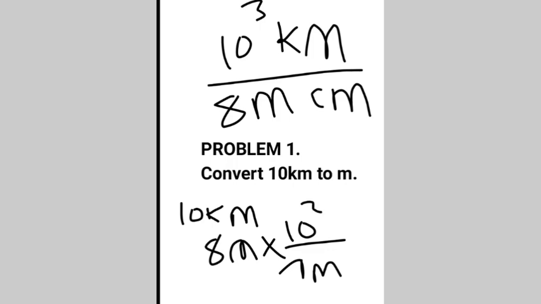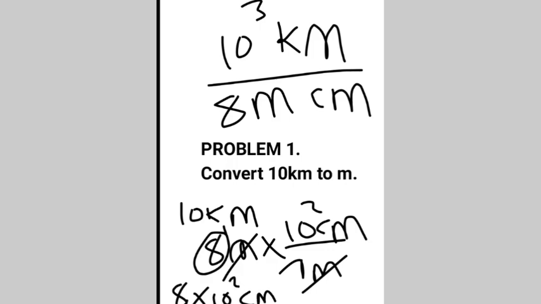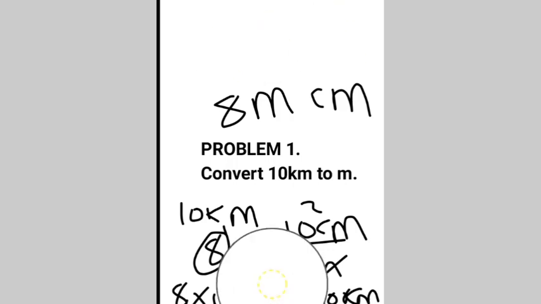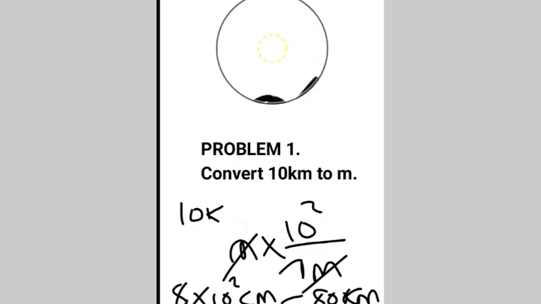If you look at that table, this is there. So this meter and this meter will cancel each other, and we are simply going to have 8 multiplied by 10 power 2 centimeters. Of course this is going to give us 800 centimeters. So this is the answer. Make sure that you understand this, because whatever we are going to be doing here is going to be based on the same information that I'm delivering.